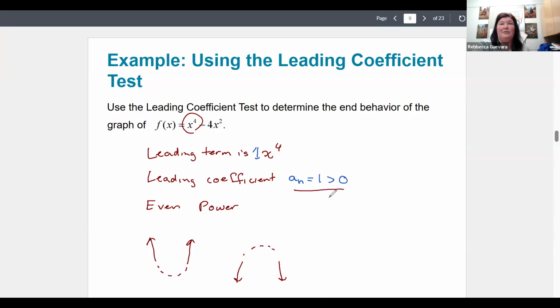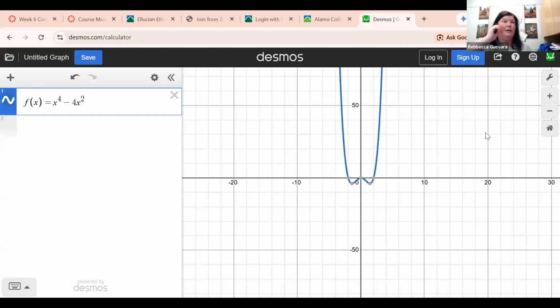Because this is positive, it tells me this is the shape I'm looking for. Let's graph it and see if that is actually my end behavior. When we graph it, it might have a little bit of bouncing around in here, but the end behavior is going up at this end and going up at this end, just like a parabola. So it's telling me the end behavior.